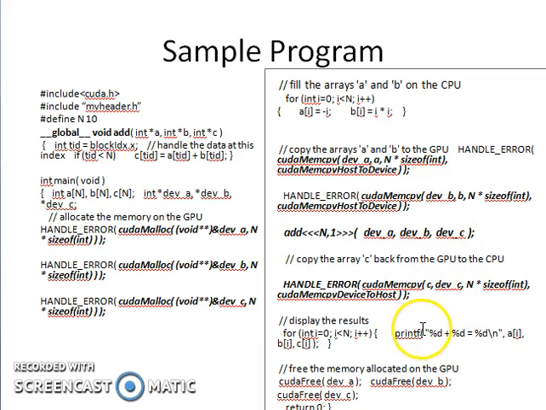After performing the operation, that is addition, here it is simply saying A[i] equals B[i] plus C[i], and the results are sent back to the CPU. And of course, once the program is over, we can free the memory space occupied by these arrays at the device level and at the processor level by the free command.